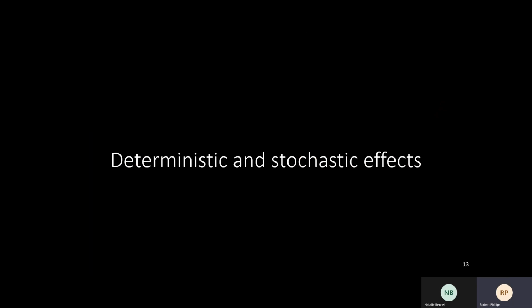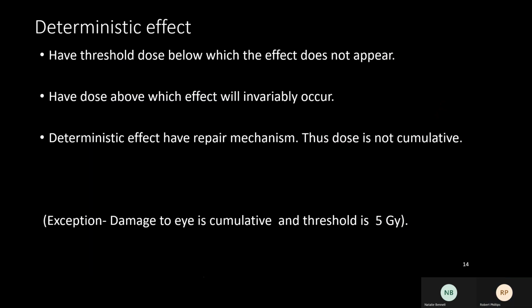Deterministic effects are conditions which have a threshold dose below which the effect doesn't appear, and above which the effect will invariably occur. Deterministic effect has a repair mechanism, so the dose is not cumulative. The doses don't accumulate.